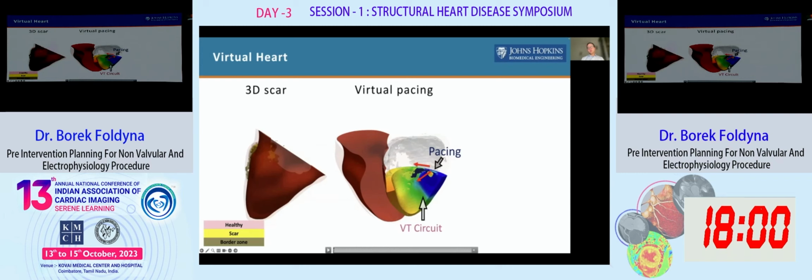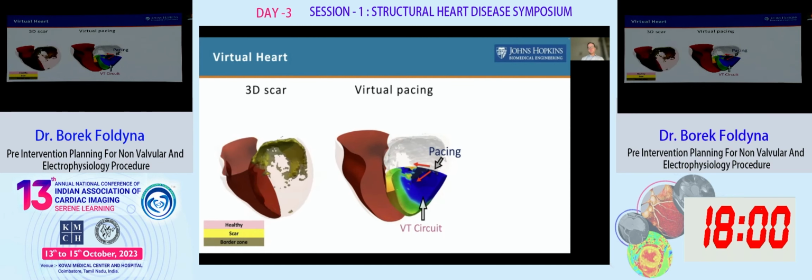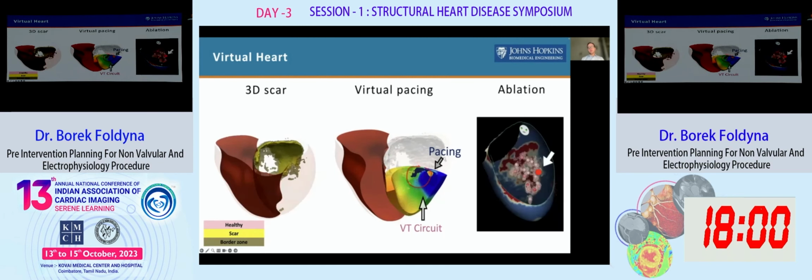So let's look at it once. We see it's coming this way, which is correct, but it's going to go slower and slower, and now we see that it went actually the other direction. So this virtual pacing actually could induce a VT in this particular patient in this particular area, and we could then target this particular area in the EP lab and prevent the VT recurrence.